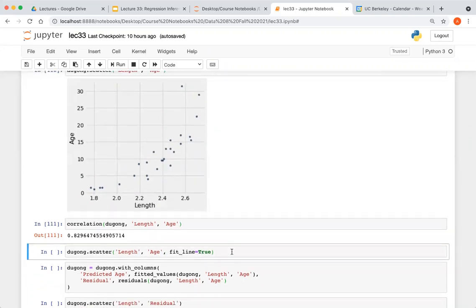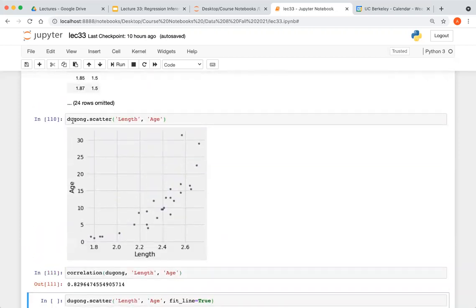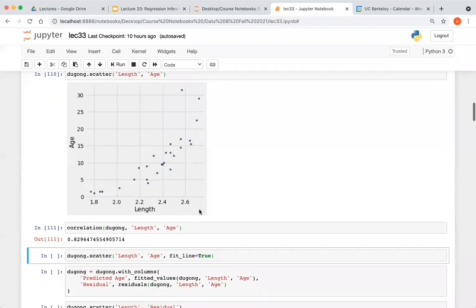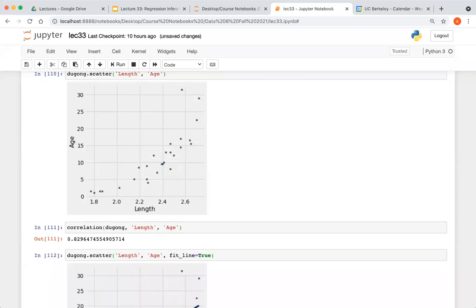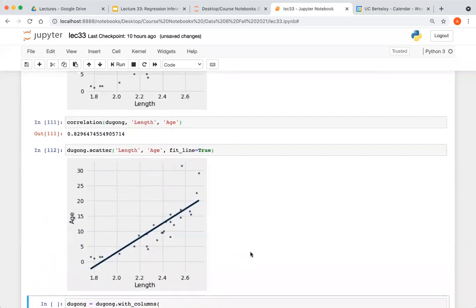Nevertheless, if you fit a straight line, by the way, if you draw a scatter diagram with your table, scatter, horizontal axis, vertical axis as the arguments, and you add the argument fit_line equals true, then lo and behold, on the scatter diagram you have the regression line.